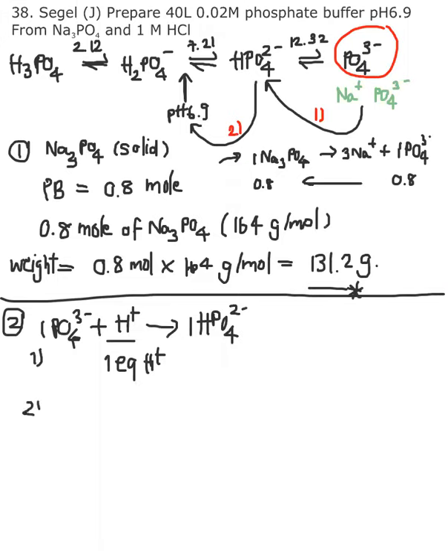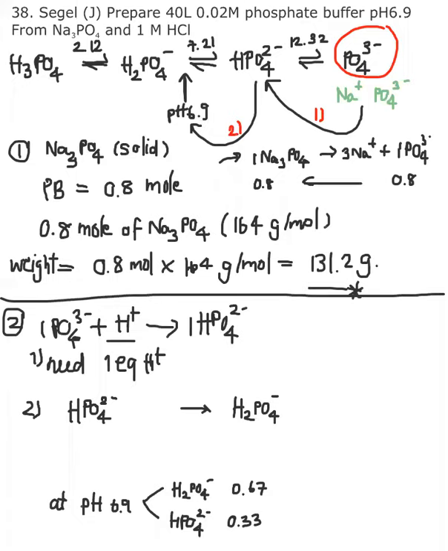For the second step, we partially change HPO4 2- back to the H2PO4- form. Since we already know that we need to use the Henderson-Hasselbalch equation to determine the ratio between these two species, we're going to follow the calculation that we did before.